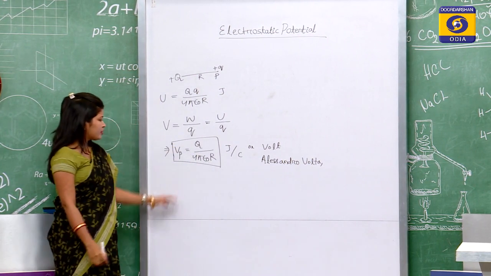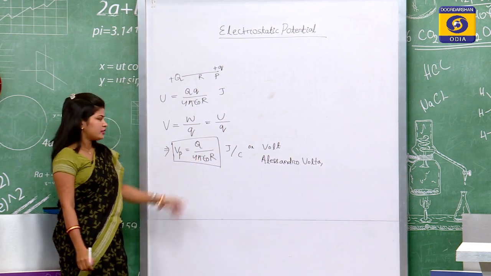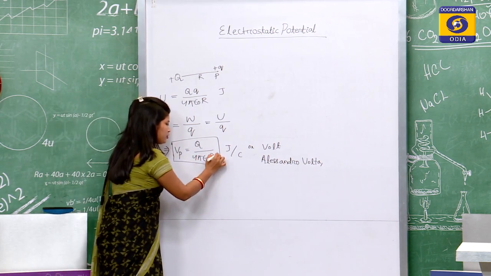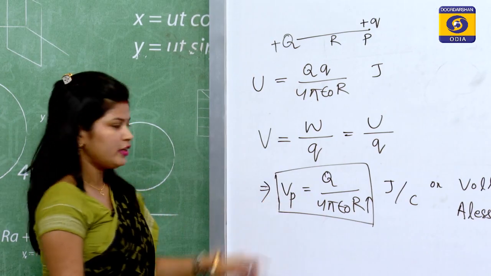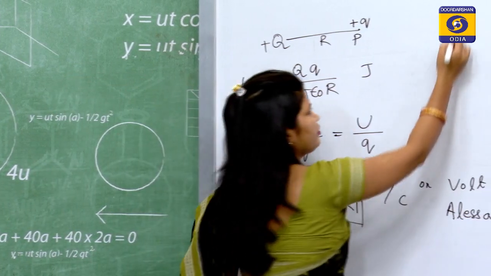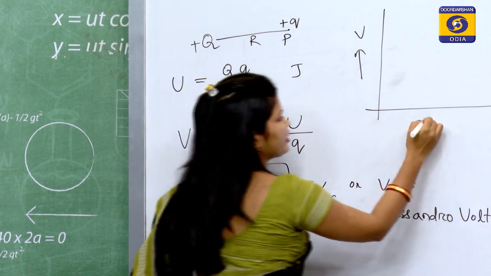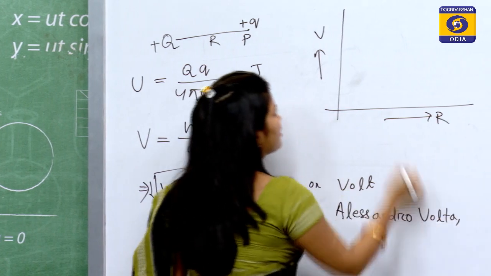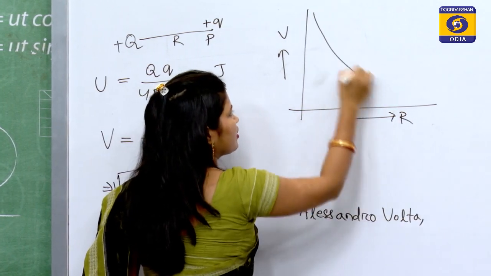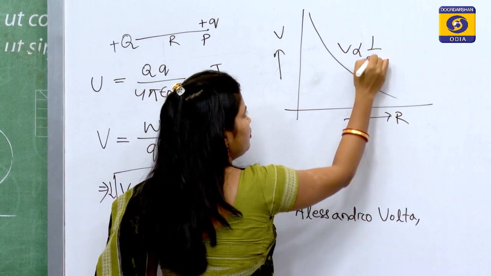Okay. So, students, what do you observe from this formula? That when r goes up, potential will become lower. So, I could make a graph here, potential versus r, then the graph will be like this, that is V is inversely proportional to r.